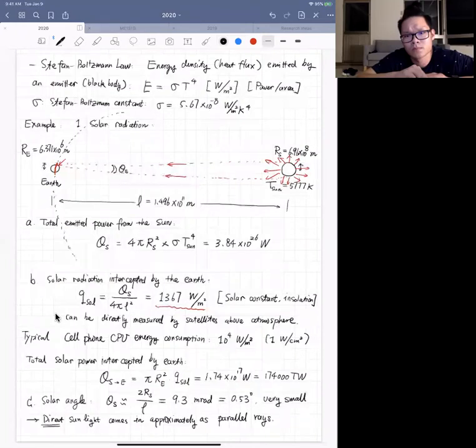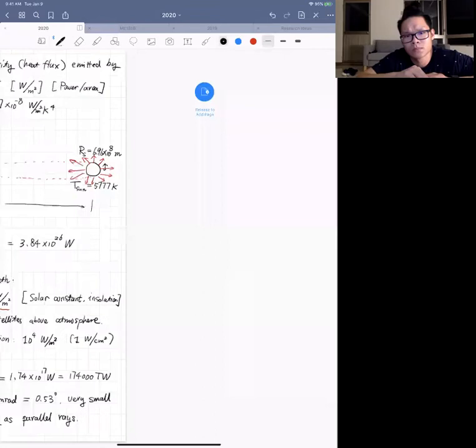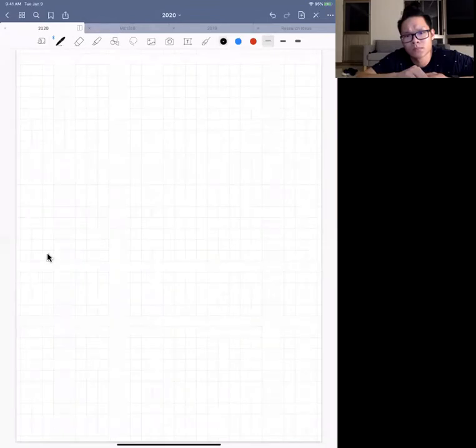Okay, very good. Let's continue. Now we have the solar flux, the solar energy on top of the atmosphere. Then we look at what happens when the solar energy penetrates the atmosphere.